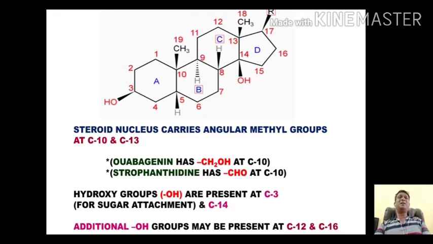The major important feature is the presence of a hydroxyl group at position number 3, and this hydroxyl group is important for the attachment of sugar moieties. Whatever sugars are attached in the cardiac glycosides, they attach only through a glycosidic linkage by this C3 hydroxyl group.